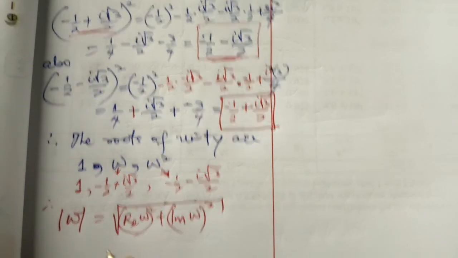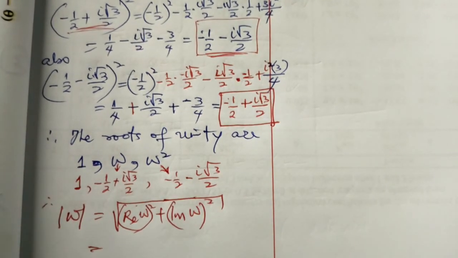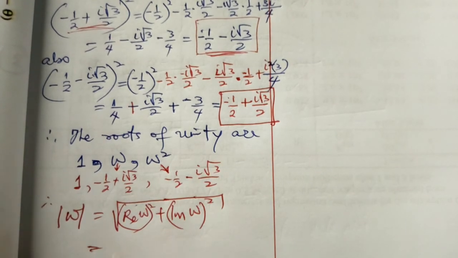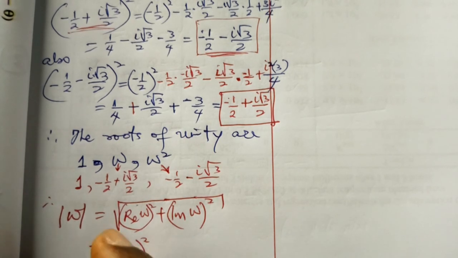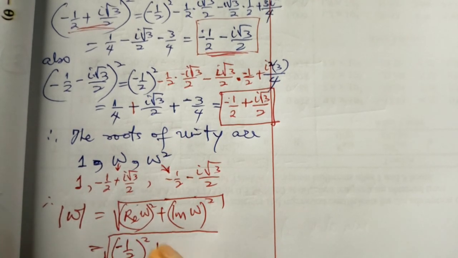That's the formula. So the real part is minus 1 over 2 squared, remember, square root, plus the imaginary part, root 3 over 2 squared.